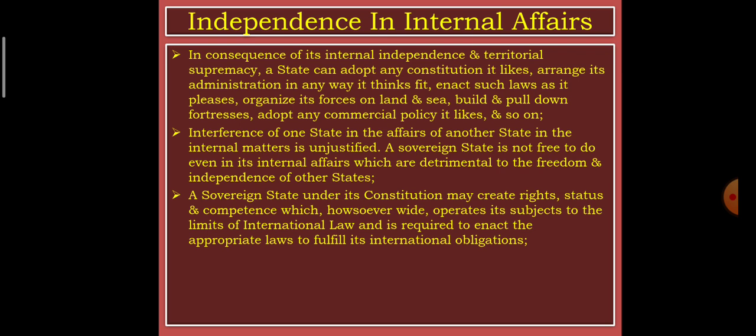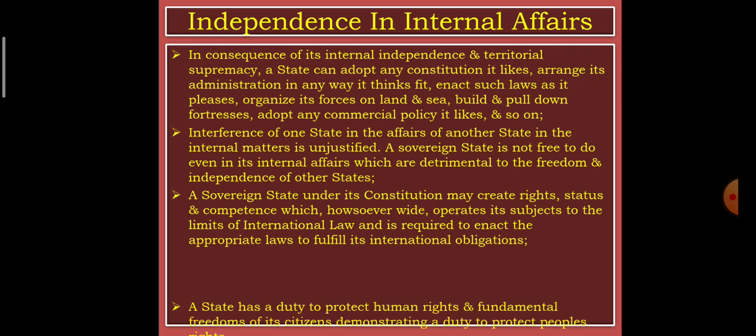A sovereign state under its constitution may create rights, status and competence which, howsoever wide, operate on its subjects to the limits of international law, and it is required to enact the appropriate laws to fulfill its international obligations. Anyway, though they are sovereign in their internal affairs, they have to follow international law.